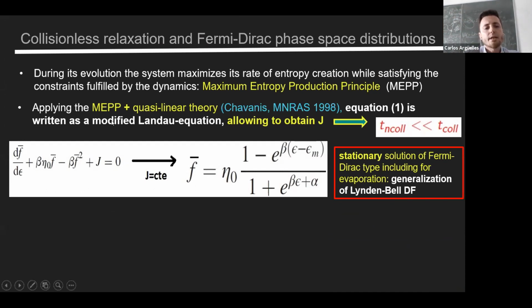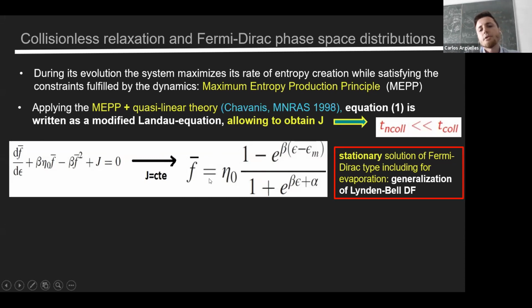If you mix this entropy principle with quasi-linear theory, as shown here, you can also write this coarse-grained kinetic theory equation in the form of a modified Landau equation, which allows not only to obtain the expression for the current and calculate the relaxation time scale, which in these cases, the collisionless relaxation time scale is much smaller than the collisional relaxation time, but also allows you to find a most likely coarse-grained phase space distribution at relaxation, so stationary, when J is constant.